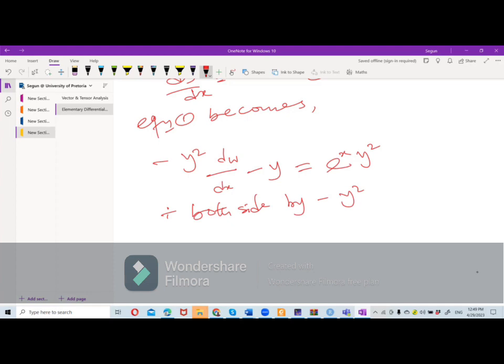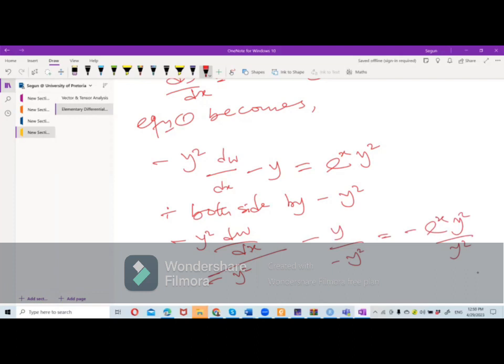When I divide both sides by negative y squared, I will have negative y squared dw dx over negative y squared, minus y over negative y squared, equals negative exponential x y squared over y squared.